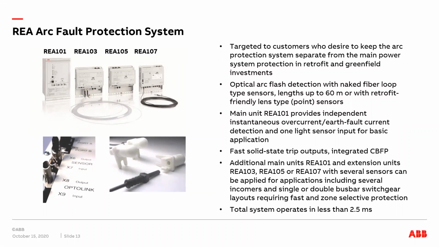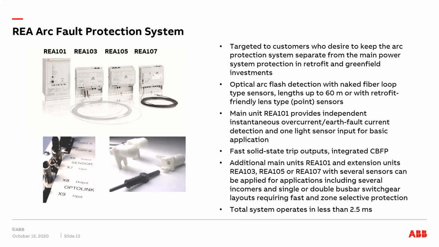but the fiber loop type of sensor has a benefit that it can be supervised with a light test pulse periodically. The lens sensors are not supervised in REA system.